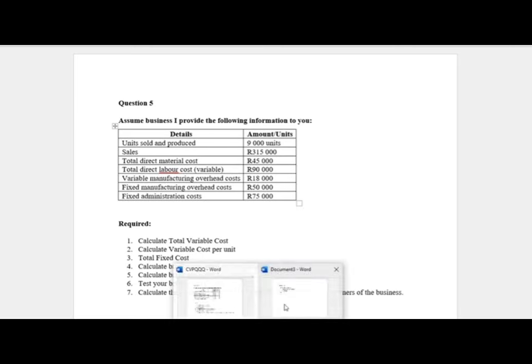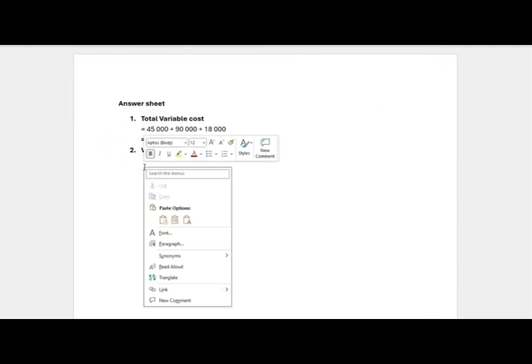And then number two, we'll go back to the question just to identify that. So number 2, they say to us, calculate variable cost per unit.